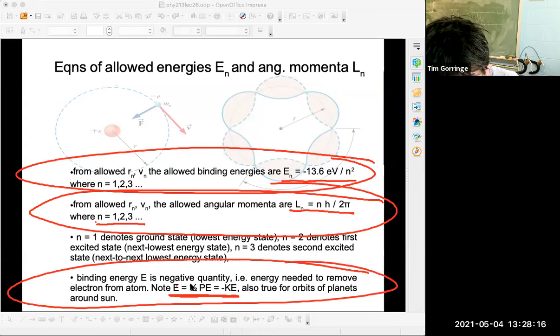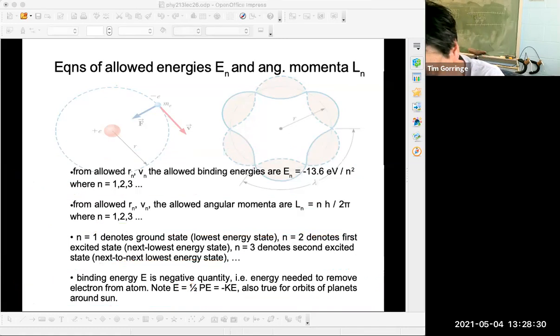Actually, I think I have this the wrong way around. So I think this is a mistake. No, it is not a mistake. Gosh, I'm always thinking I'm making a mistake, and I'm not making a mistake there. The potential energy here is twice the kinetic energy.